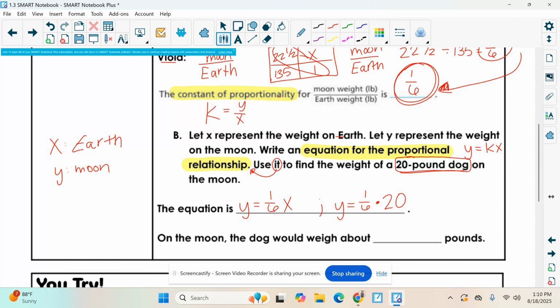What do you get? 10/3, which will convert to 3 1/3 pounds. So if the dog weighs 20 pounds here on Earth, if we shoot him to the moon, he's going to weigh 3 1/3 pounds. Okay? It can be real light. Like the weight of your binder is what the dog would weigh. Okay.